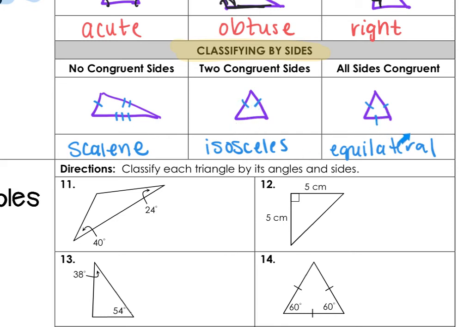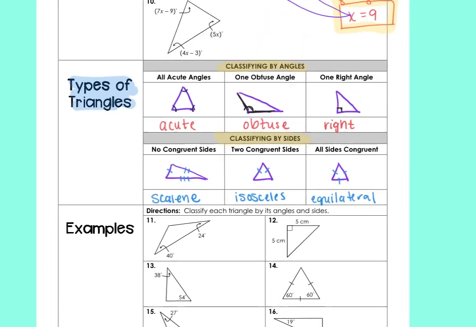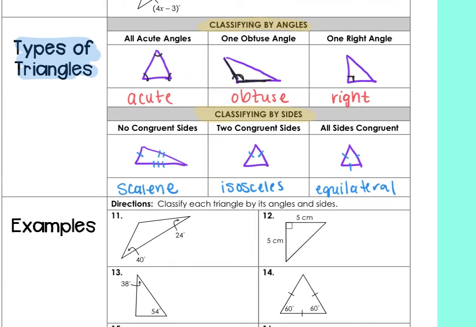And then finally, when all sides are congruent, you can see there's a mark here for each side length. That's indicating that these are all congruent. So we call that an equilateral triangle because all of the sides are equal. That is classifying the triangle by its sides. All 6 of these vocabulary words need to be memorized.